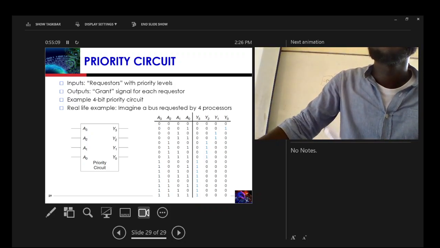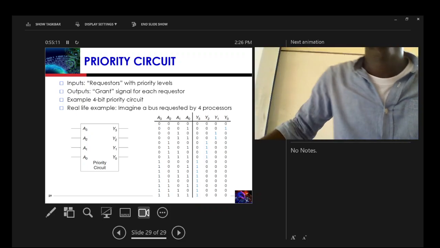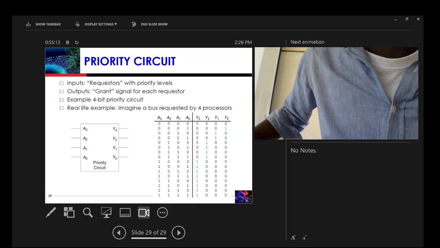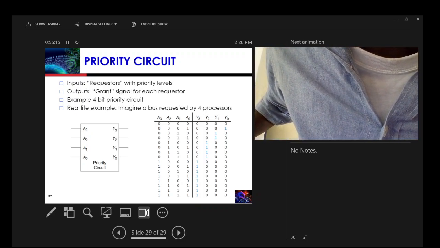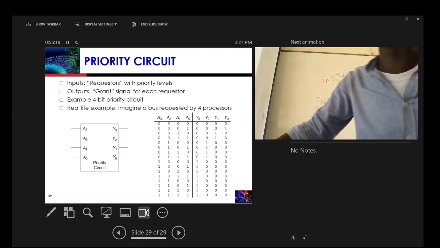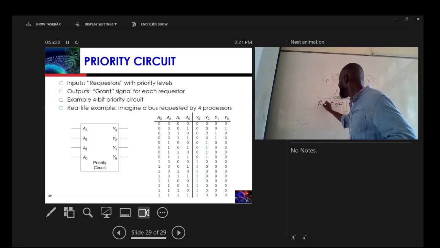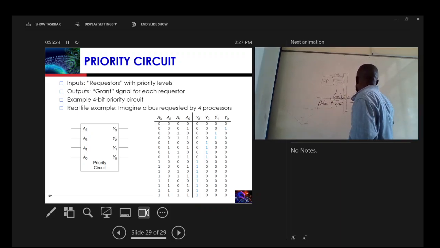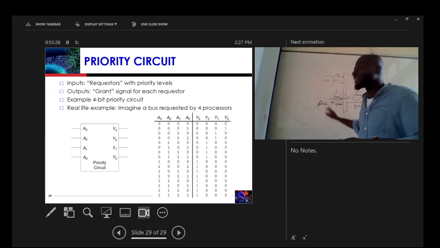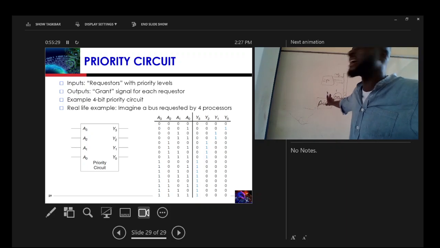How does it come before the accelerator? So it means that the accelerator will be first because it comes in first.